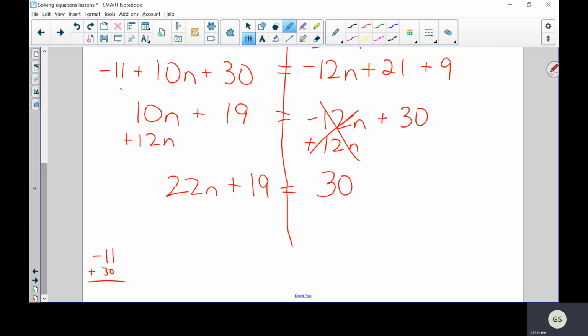I just have to know that a constant is the one without a variable. Now that I know that, you should have written on your steps the other day, the first time you do math, the first time you do the opposite, you add or subtract. Well, if I got to add or subtract, and it's got to be the opposite, that means I got to subtract, because I have a positive 19 there, plus 19. Again, Mr. Gill's most important rule. Now I just do the math. That goes away. I haven't done anything with the 22n, so I got to bring that down.